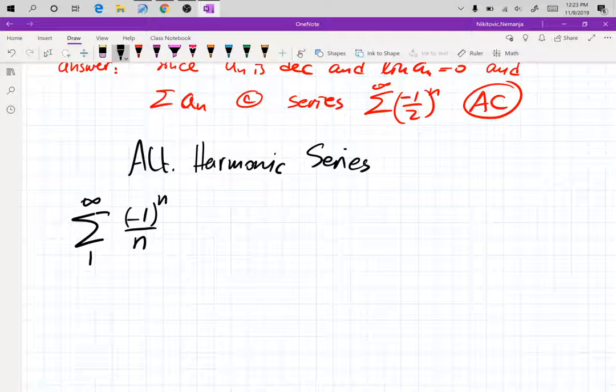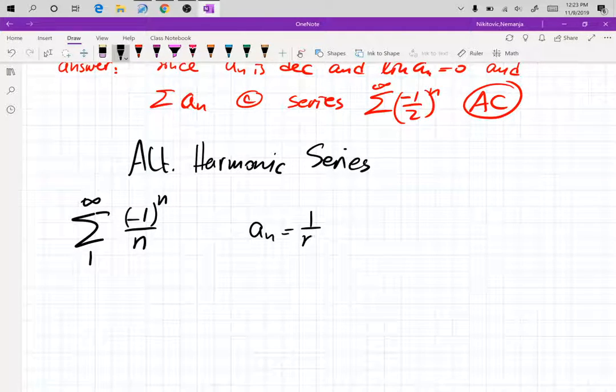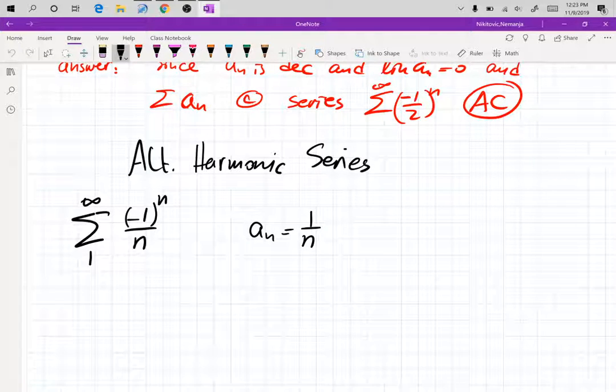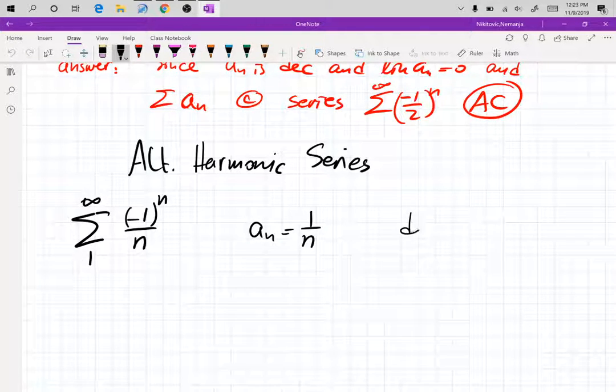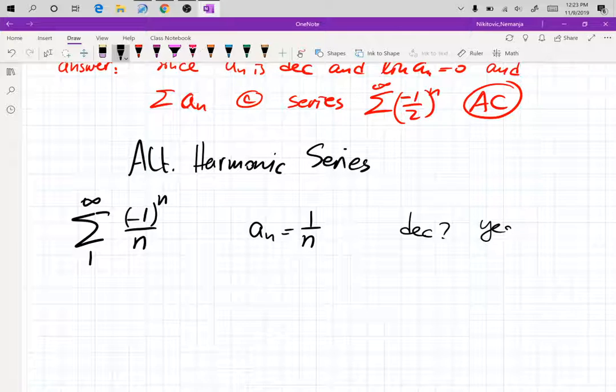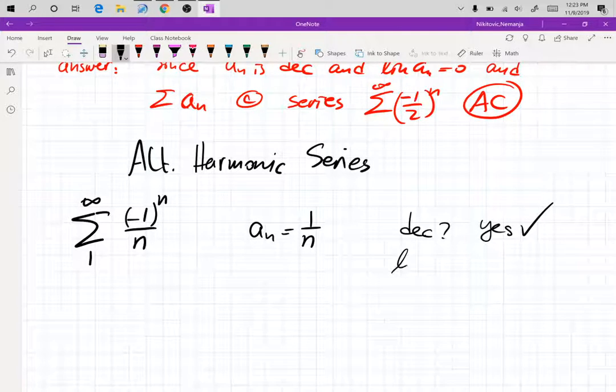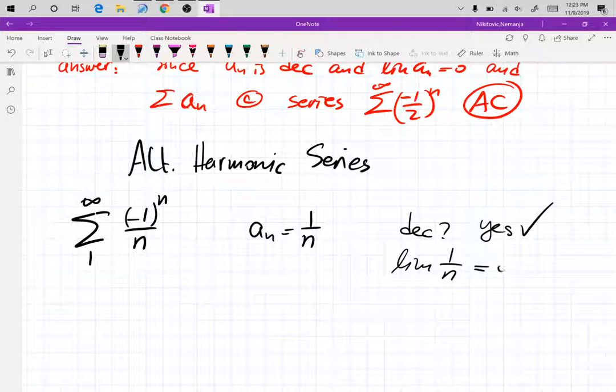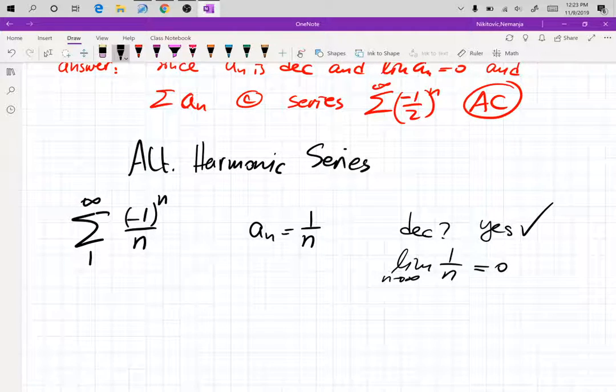So we are going to extract a_n, which is 1 over n. We are going to run the two conditions: decreasing, yes, and the limit of 1 over n equals 0 as n goes to infinity. That's all good, right? So both conditions are satisfied.